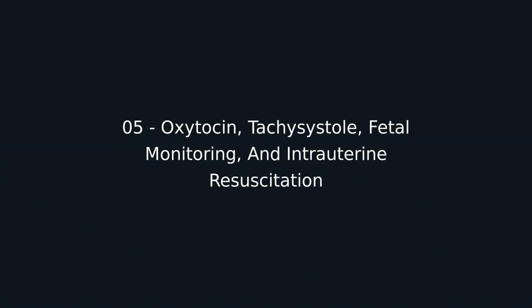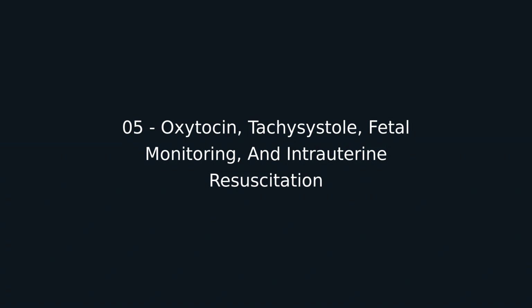Fetal oxygenation is a pathway. Oxygen moves from the environment through the maternal lungs, maternal heart, maternal vasculature, uterus, placenta, umbilical cord, fetal circulation, and fetal tissues. Interruption anywhere along that pathway can appear on the fetal heart rate tracing. A variable deceleration often suggests cord compression because it is abrupt.